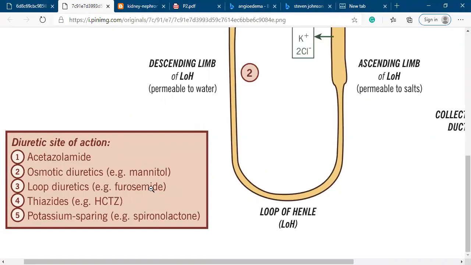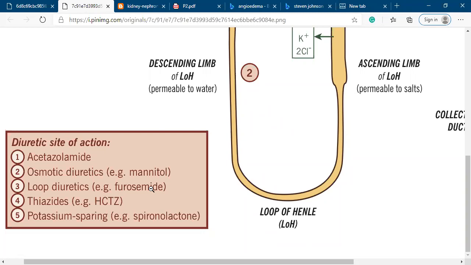They are the most effective, very fast acting, and we can give this medication orally or intravenously.